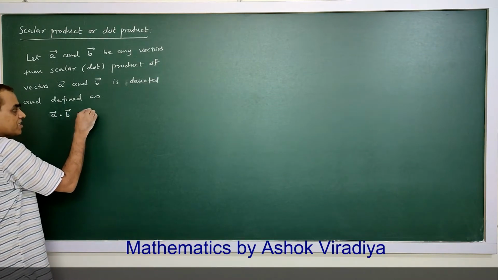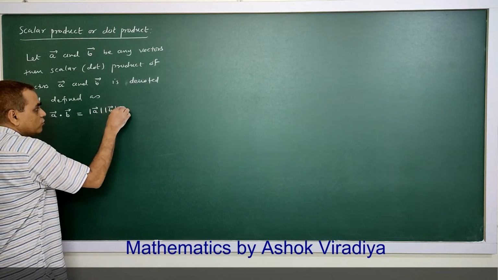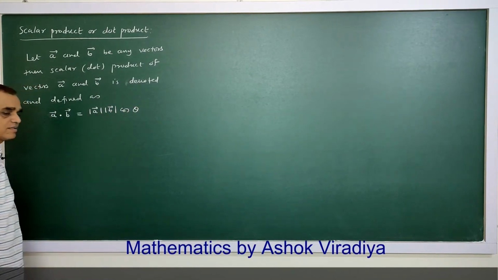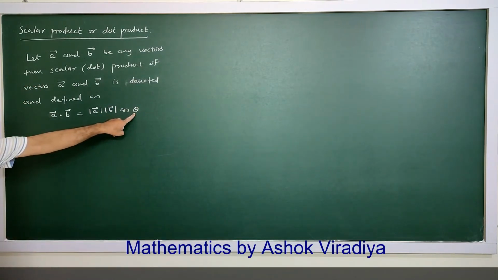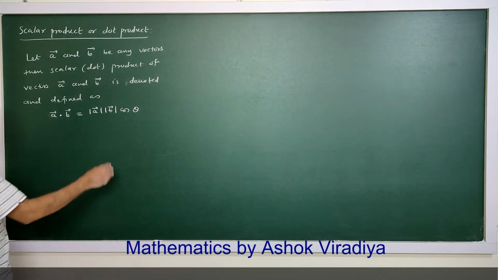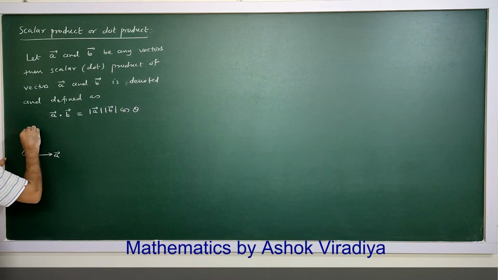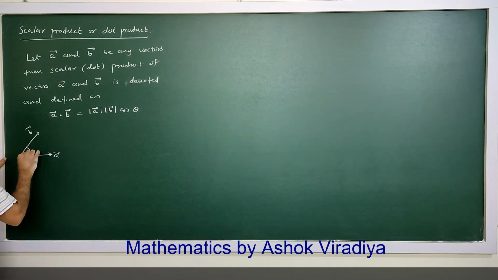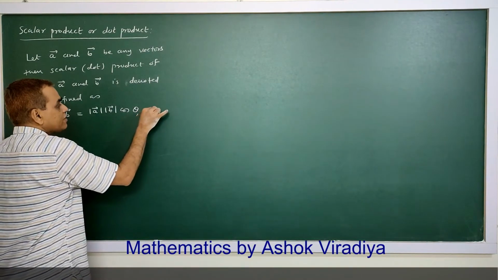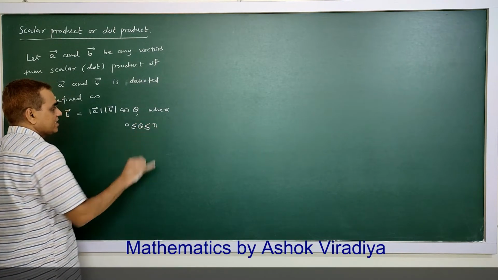Its definition is magnitude A into magnitude B into cos theta, where theta is the angle between vectors A bar and B bar. Here, if this vector is vector A and this vector is vector B, then this is theta. It can be any value from 0 to pi.